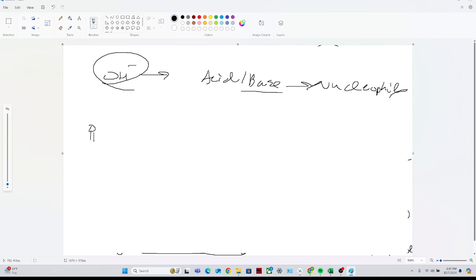A lot of people like to say, oh, I can do some peptide chemistry by doing this and getting these molecules to react with one another. Yeah, that's very wishful thinking.